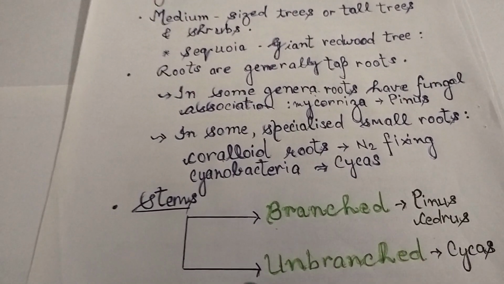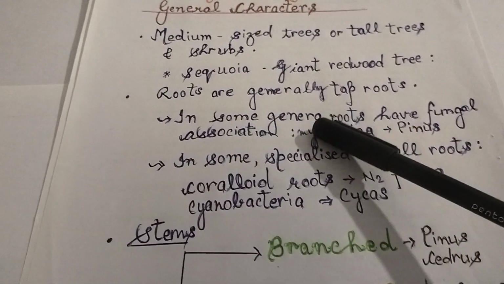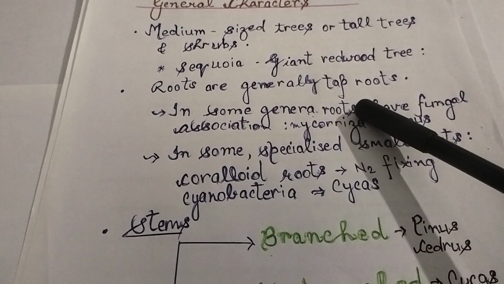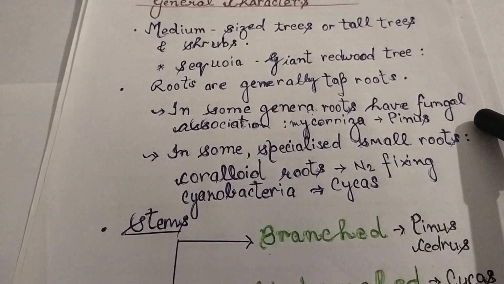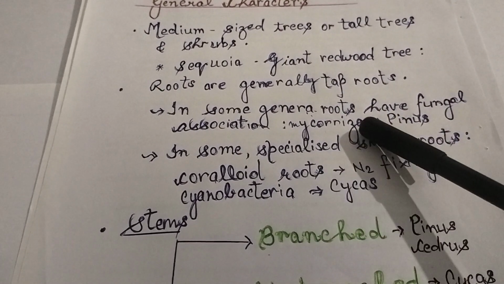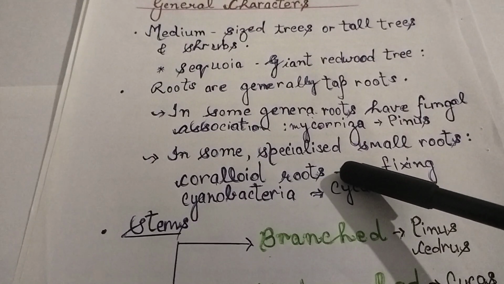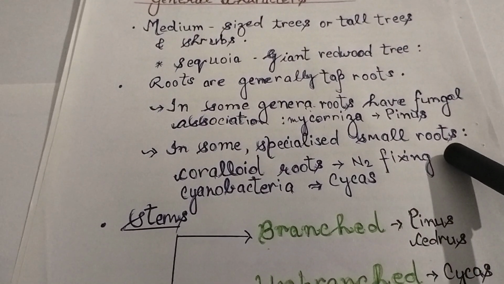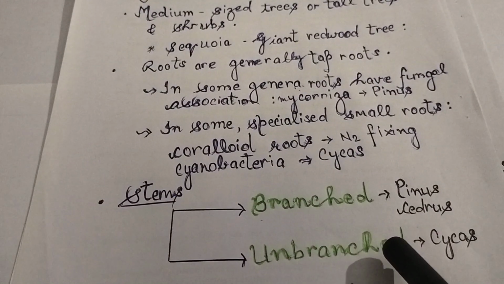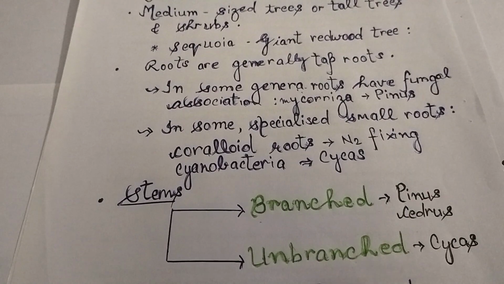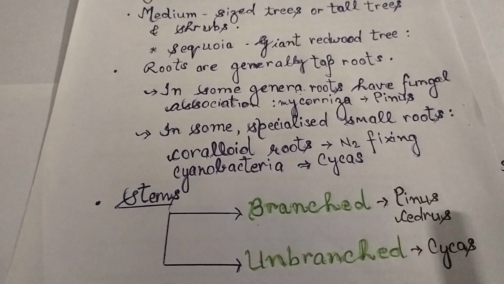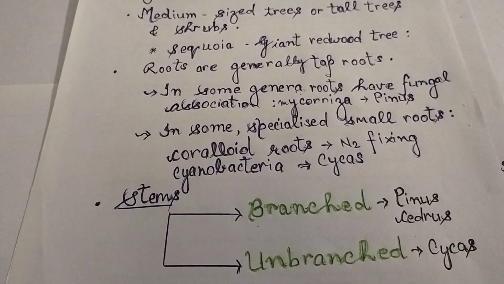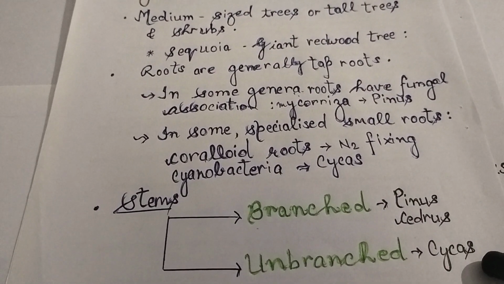So roots, we have studied that they are mostly tap roots, and in some cases they are in mutual association with fungus, that is known as mycorrhiza, and in some cases specialized coralloid roots are present which help in fixing nitrogen. Now coming to the stems, they may be branched or unbranched. Branched stems are present in Pinus and Cedrus, and unbranched stems are present in Cycas.